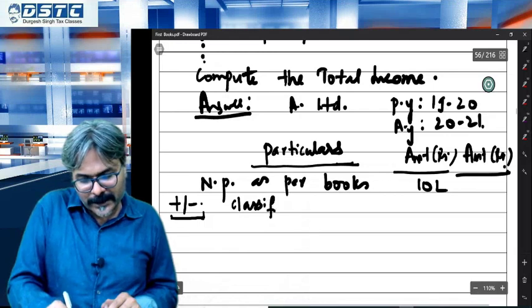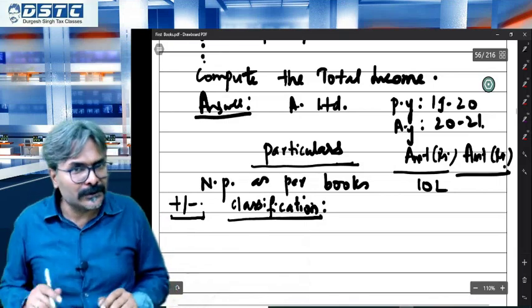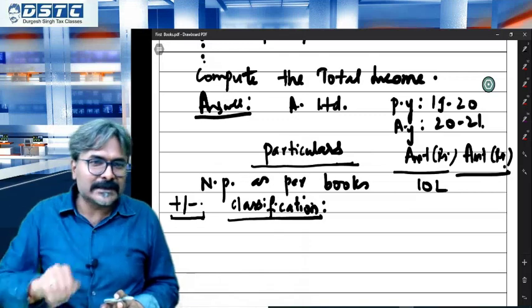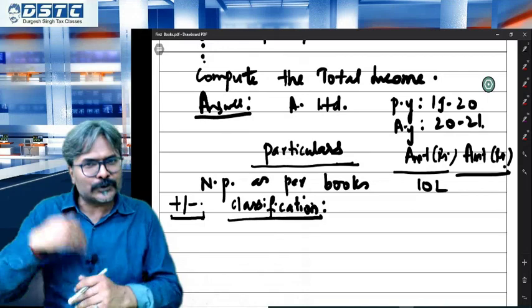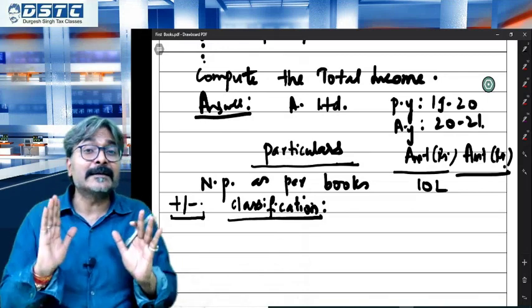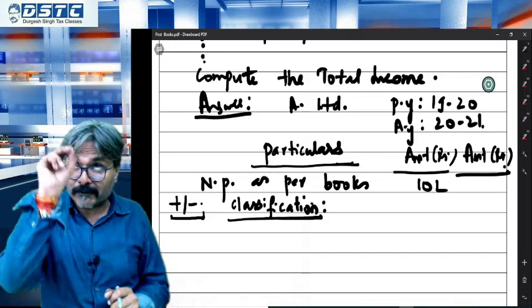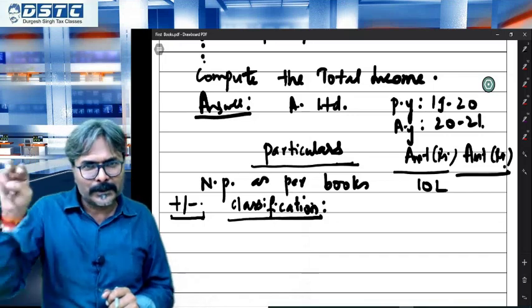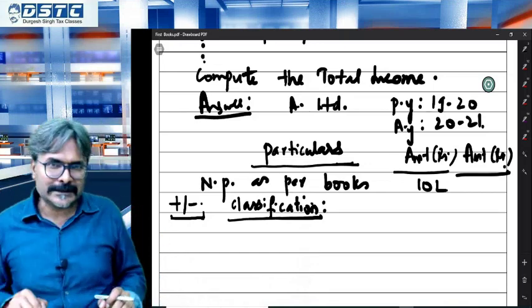The first point of your solution: in any ICAI solution or any author's particular solution, they may not go with this flow. They may come with a zigzag approach, and every second answer you will find the approach changes. We will standardize so that in your examination, when you read the question, you should know that these are the 3 items in your profit and loss account which pertain to classification points.